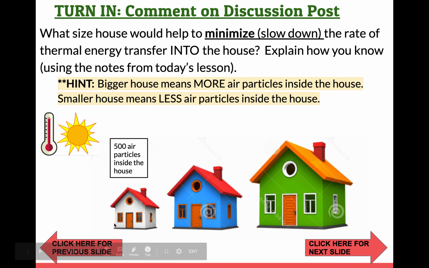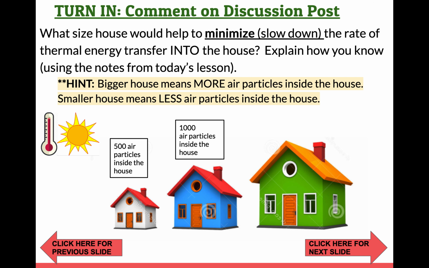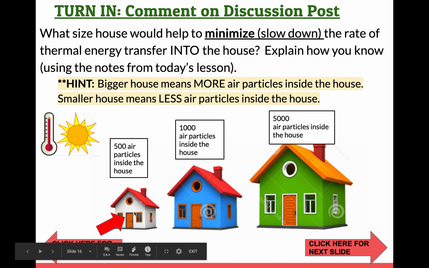So say that the small house has 500 air particles inside the house, the medium house has 1,000, and the large house has 5,000 air particles inside the house. So remember, bigger mass, more particles means it takes longer for something to heat up. So this small house that only has 500 air particles, it's like the small pot of water.